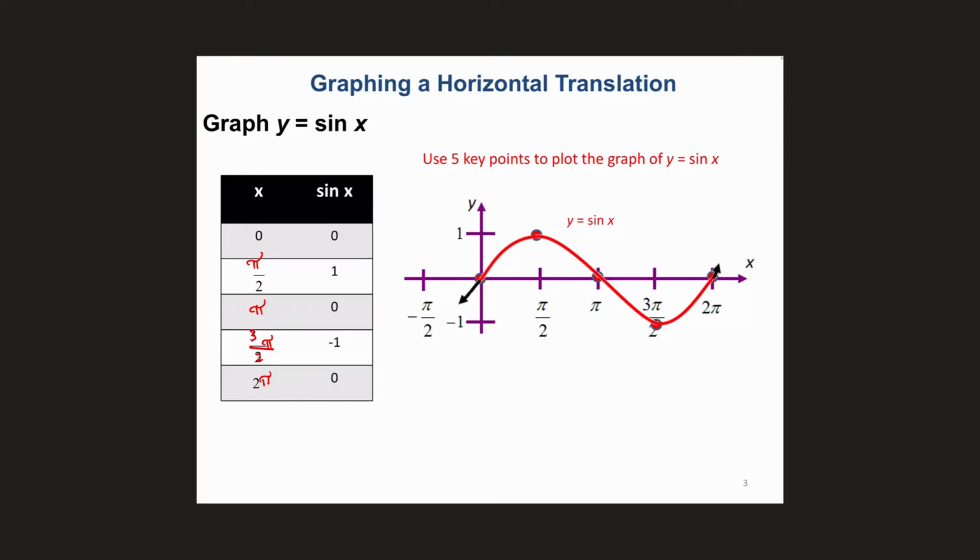Cosine, on the other hand, if I were to draw cosine, we know that we have 0, we have pi over 2, we have pi, we have 3 pi over 2, and you have 2 pi.